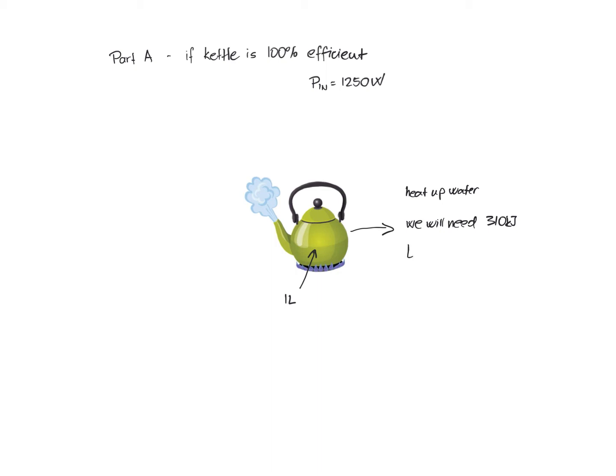So the energy out that I need to get out of this kettle is 310,000 joules, right? If I don't get this energy, I will not heat up that water. So that's my desired outcome. What I need to get out of it is this many joules of energy.